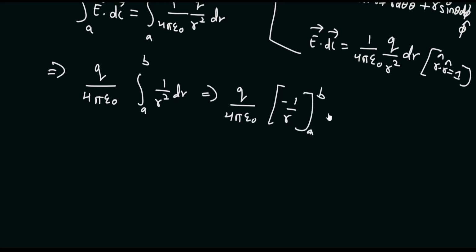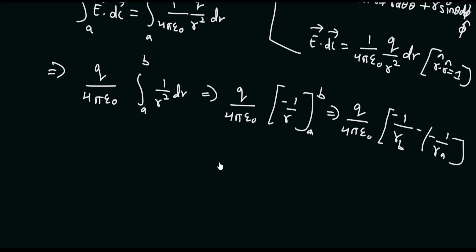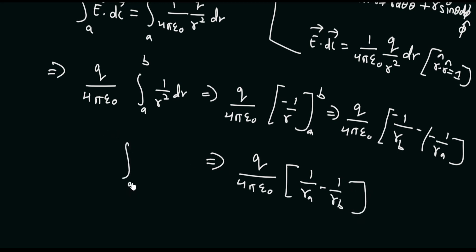We will get q divided by 4 pi epsilon naught times minus 1 divided by rb minus minus 1 divided by ra, which we can write as q divided by 4 pi epsilon naught times 1 divided by ra minus 1 divided by rb.